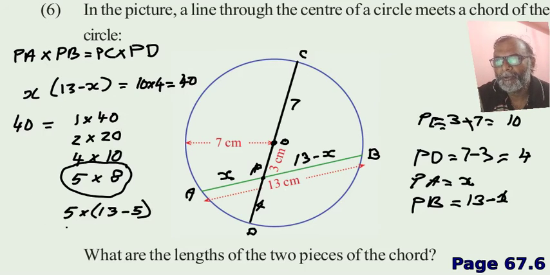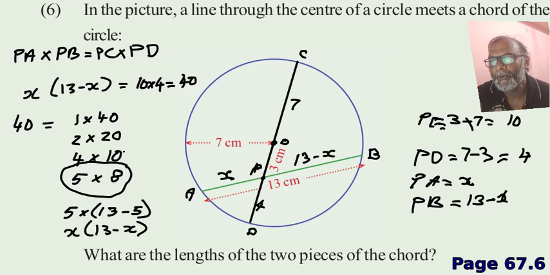See, it is similar to X into 13 minus X. So the value of X can be taken as 5.